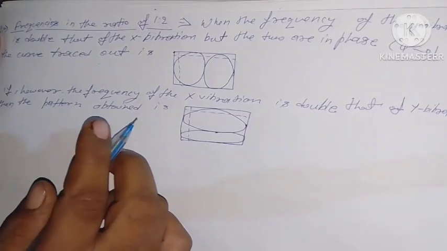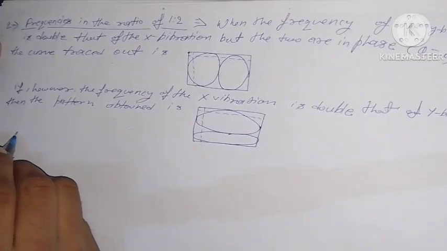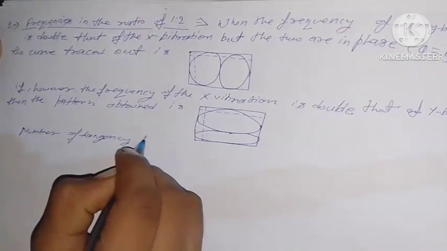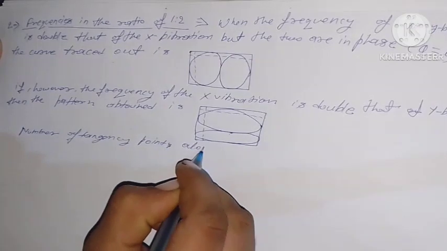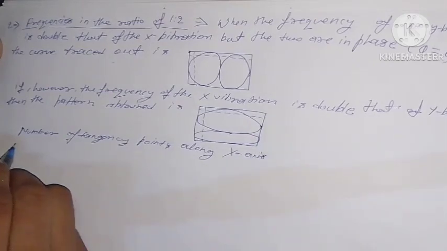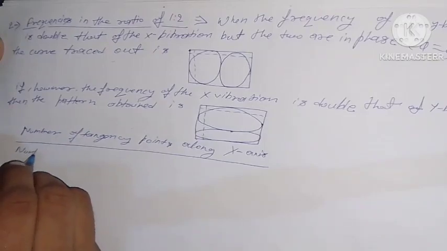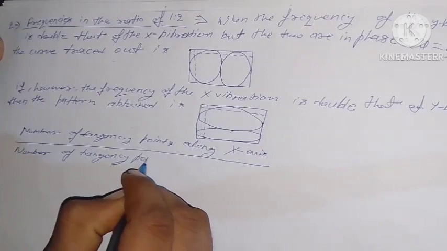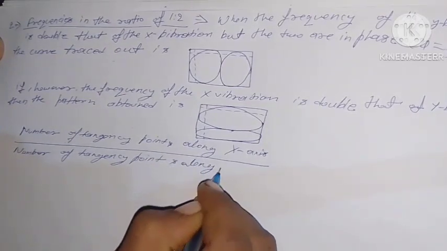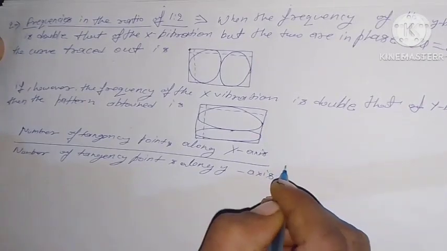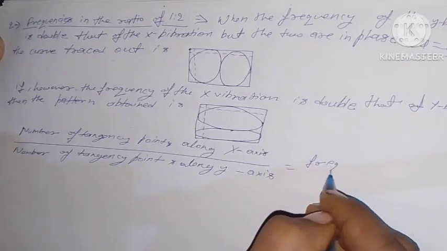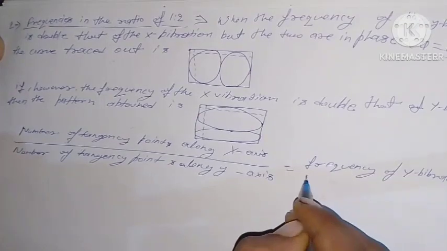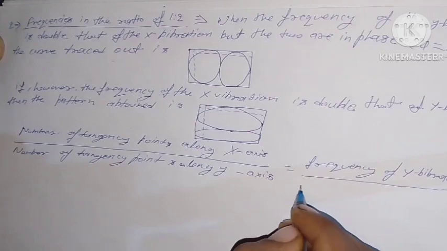Okay, according to the Lissajous figure, number of tangency points along the x-axis upon number of tangency points along the y-axis equal to frequency of y vibration upon frequency of x vibration.